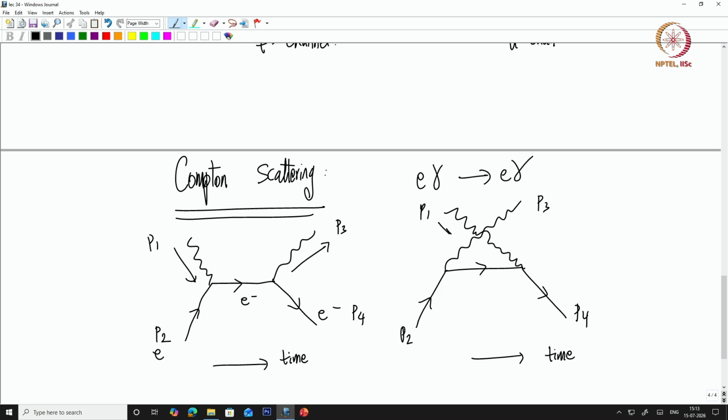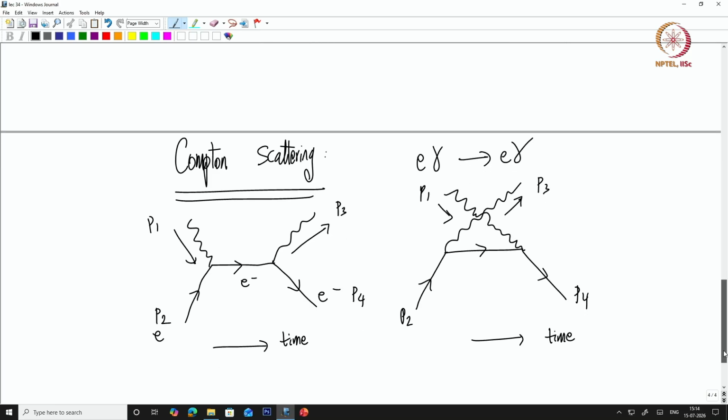So, this is the incoming electron and this is the outgoing electron, and a photon. The electron incoming and outgoing are clear, but the photon picture is slightly unclear. So, the electron with momentum P2 interacts with P3 instead of P1, or P1 interacts with P4 instead.